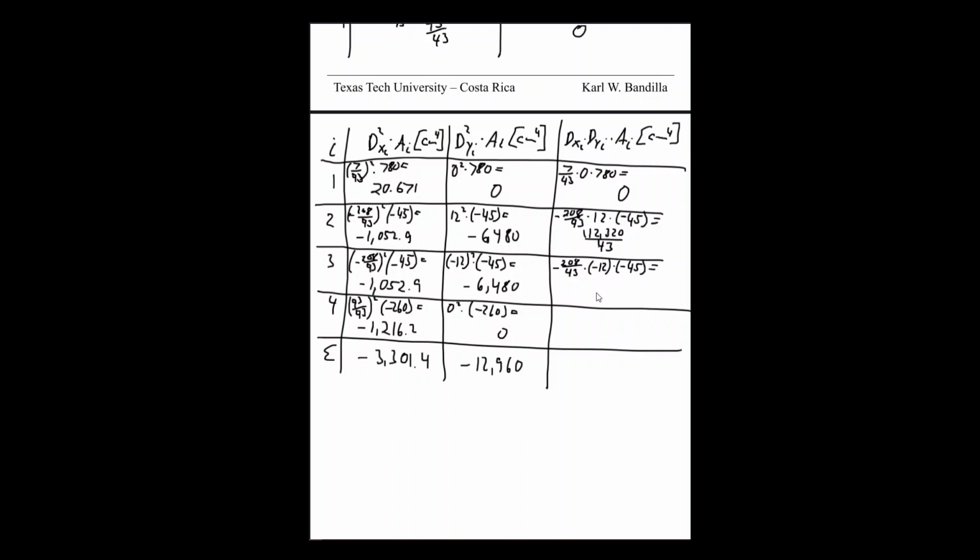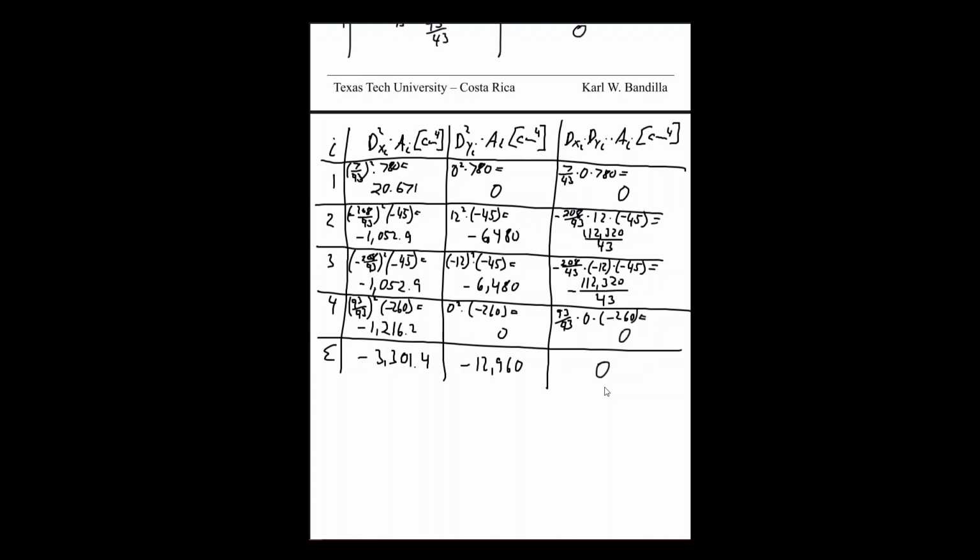So we should get the same with just a different sign. 112,320 divided by 43. And this one would be 93 over 43 times 0 times minus 260. And that's then, of course, equal to 0. That's easy enough. Now, if I look up here, these two cancel, the rest is 0, so I get a big 0 in there.